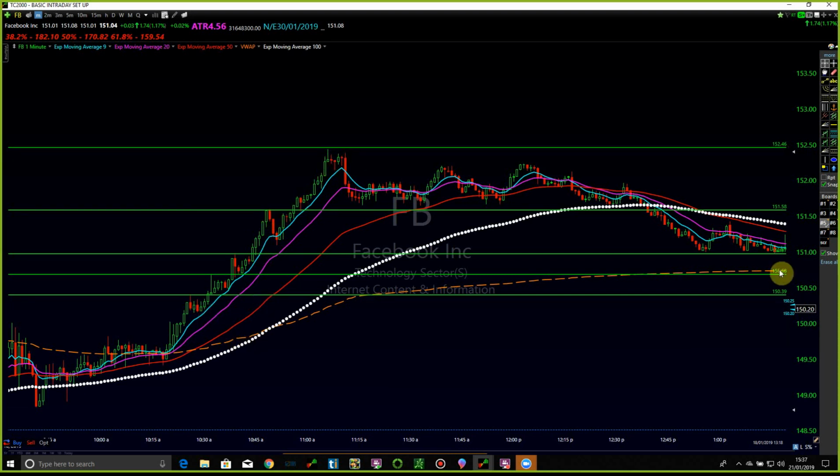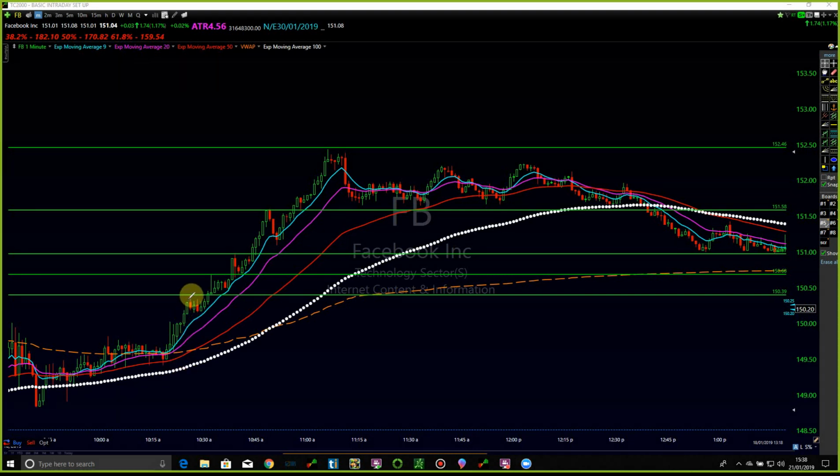First of all, these were just non-goers for me, and I'll show you why. You can see every time it tries to pull back, it puts in this rounded shape. Each time it just comes and it rounds, it holds the moving average 9 and it comes around.